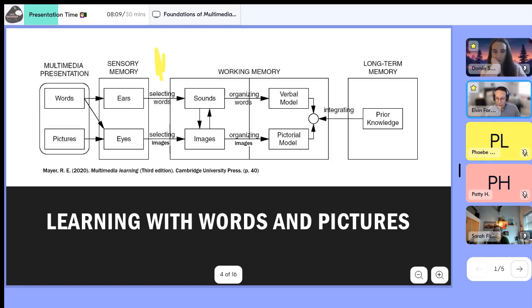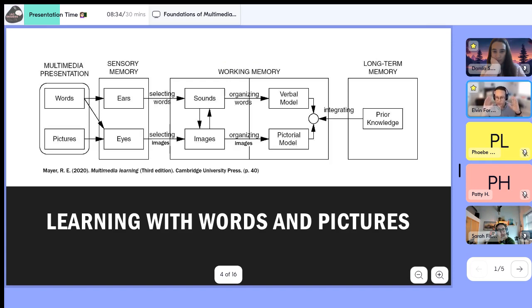Out of all the things that you have experienced, you go through a selection process where you pay attention to certain things and you filter, and only a select amount of that information actually makes it to your working memory, right? This process of filtering and selection is super important. There are principles that derive from that.